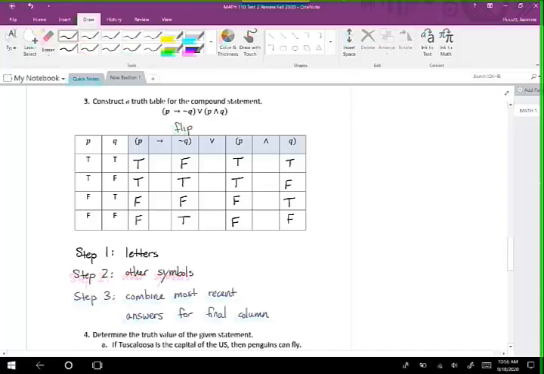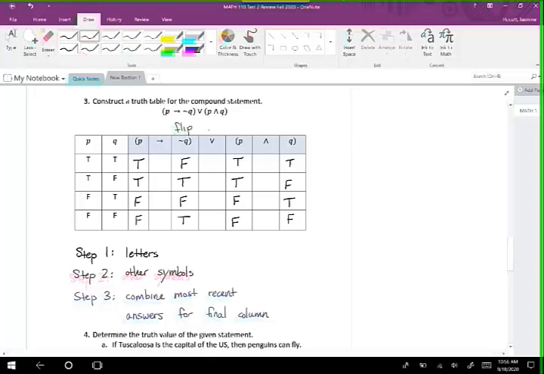So with this, notice I've already filled in over half of this table. So the first step is pretty significant and it's not too difficult. All right, so now we have to go ahead and fill in the other columns.